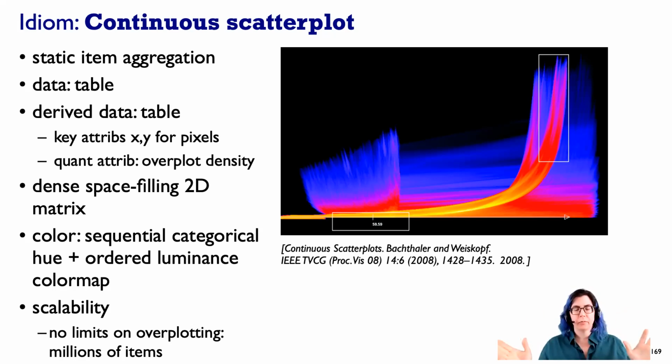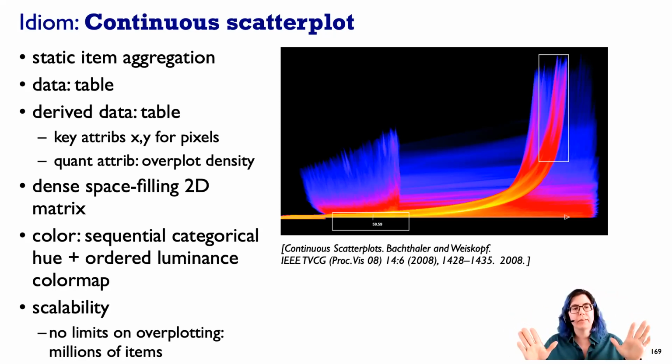You have your original data, which is some table, and you've got the 2 attributes that you would normally plot. And then what you do is you think about plotting them where you're actually dividing up the plot itself into a small grid where you've got XY locations of pixels in that grid, and you actually come up with a quantitative attribute, which is the density of overplotting, how many dots fall into that same pixel within your grid.